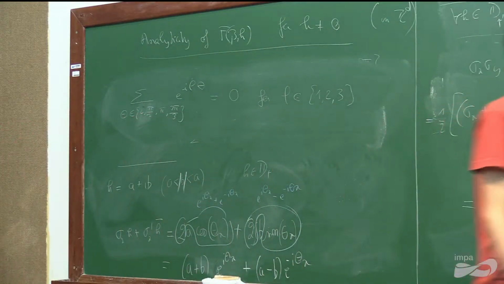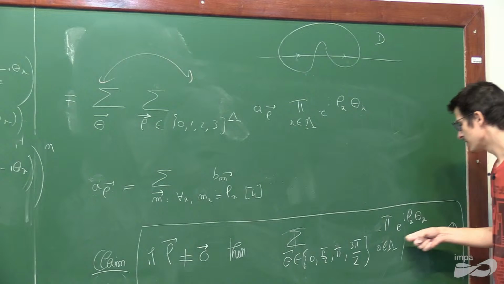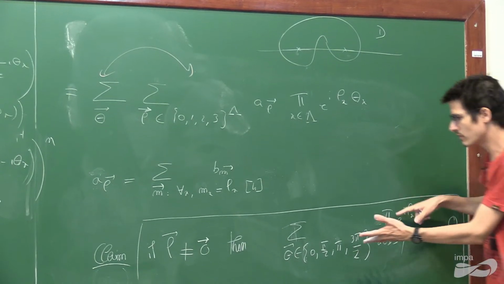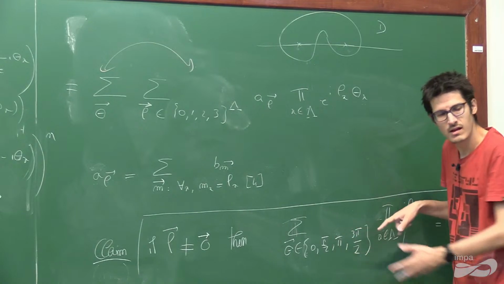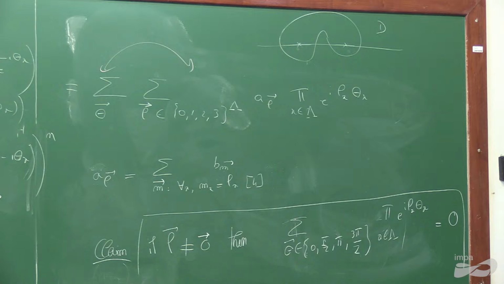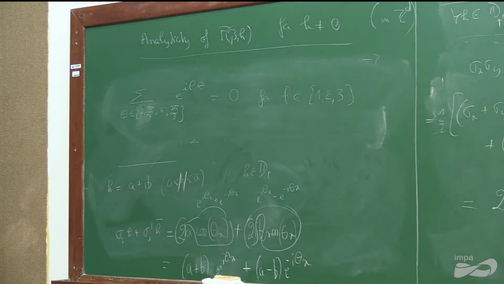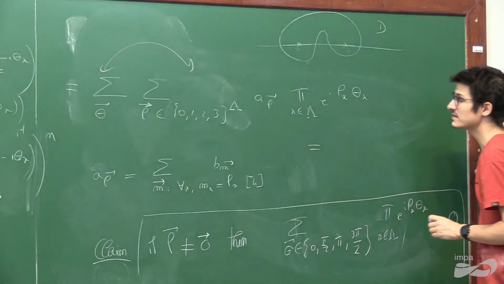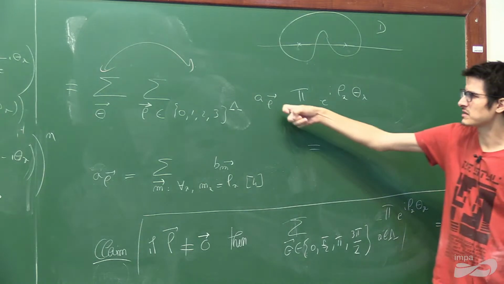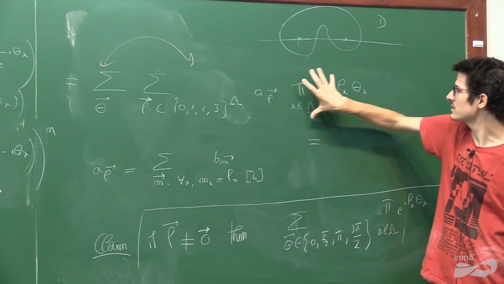And here, if you have one coordinate of L which is not equal to 0, this thing you can factorize. This is just a product of sums. You will have one of the factors which is this, so this is equal to 0. Therefore this thing is just the term that corresponds to L equal to 0, and when L equal to 0, this is equal to 1.